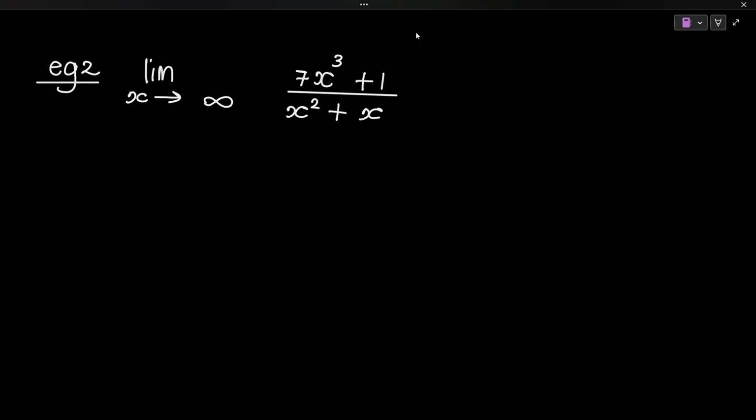Now remember from our previous video, we learned that when it comes to limits at infinity, our first step is to look at our denominator, identify the term that has the highest exponent of x, and we are going to divide throughout by that term. So we're going to have the limit as x approaches infinity, and every single term that we have will be divided by x squared.